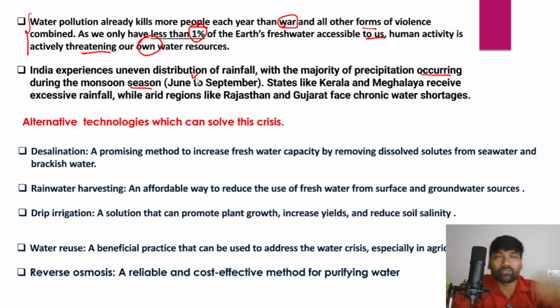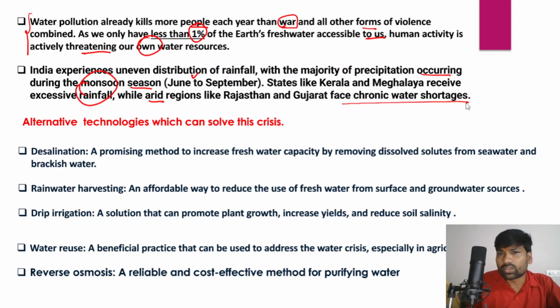Several states like Kerala and Meghalaya receive excessive rainfall, while arid regions like Gujarat, Rajasthan and parts of Madhya Pradesh face chronic water shortages in India.